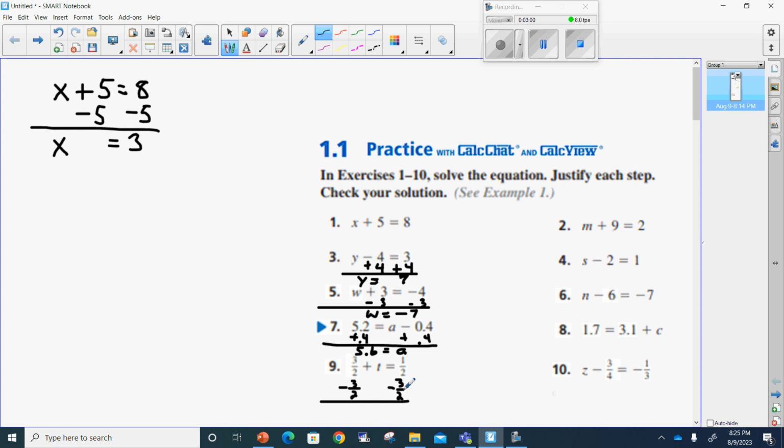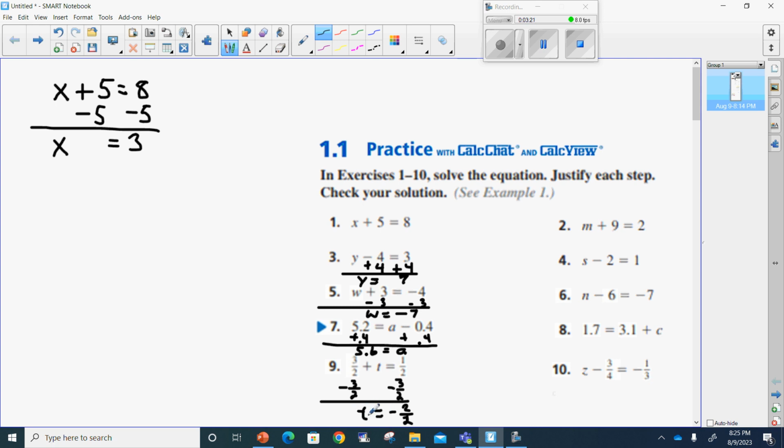This is nicely put together because my denominators are the same, which means all I have to do is combine my numerators. I got a negative 3 and a 1. That's going to give me a negative 2. So now I have negative 2 over 2, and that's going to equal t.